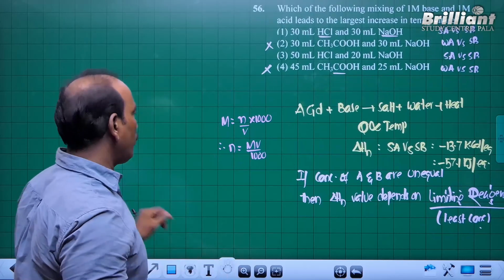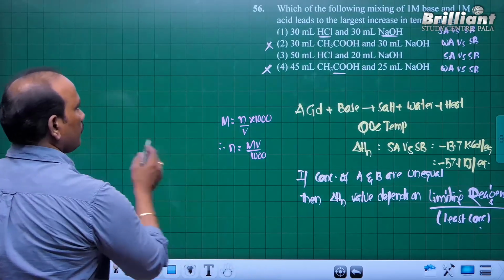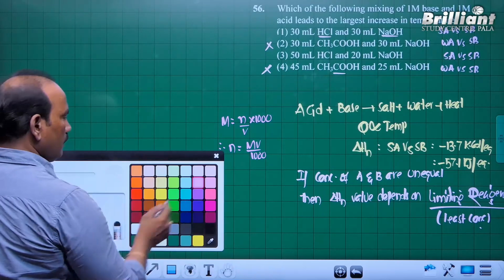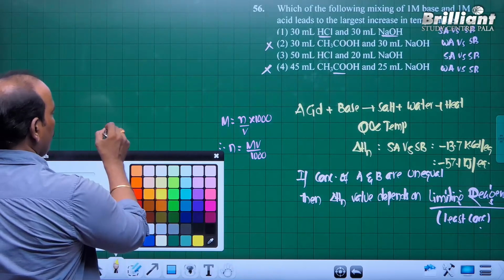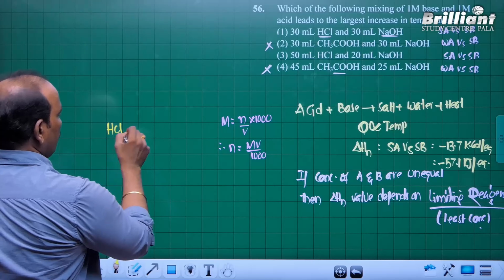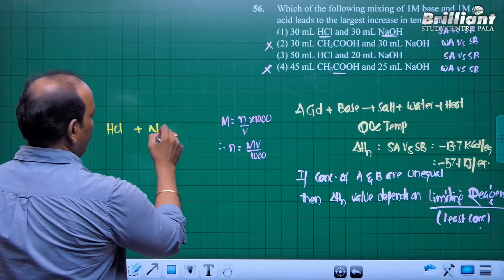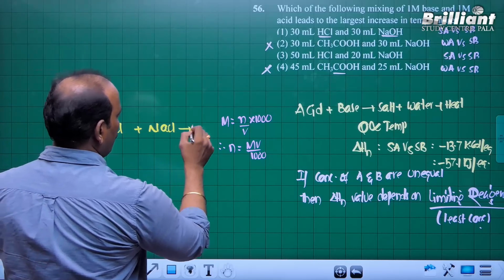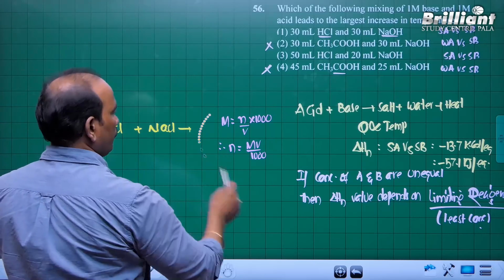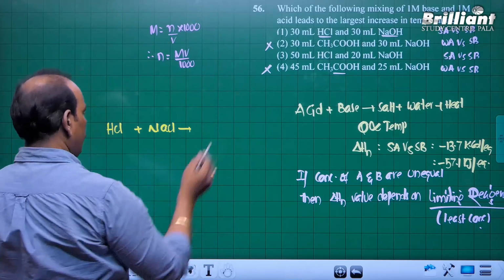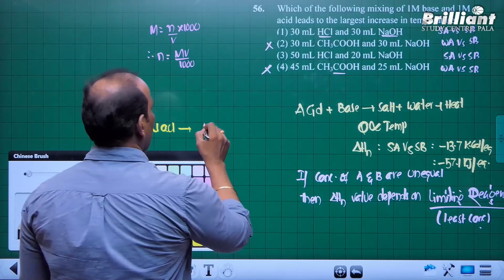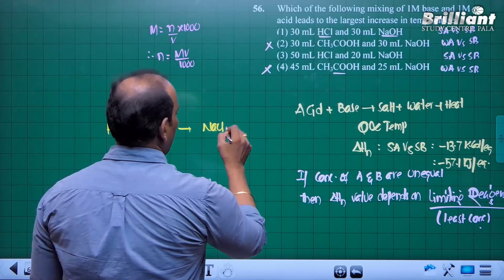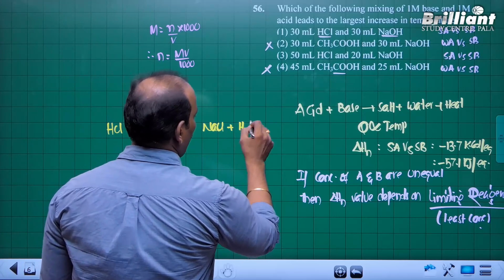Therefore, we go to the first one, HCl plus NaOH gives rise to NaCl plus H2O.